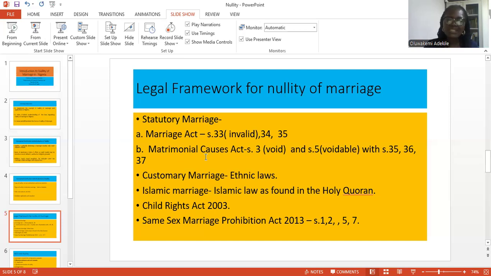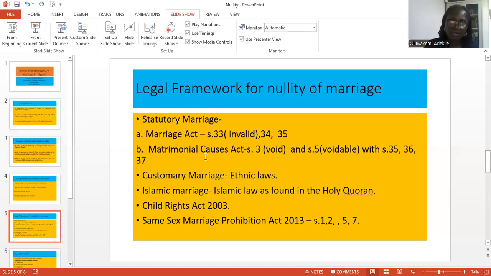So when you do not meet the essential validity of a customary marriage, for instance, parental consent, payment of bride price, formal handing over of the bride, you're saying that that marriage is not really valid in the eye of the law. So we'll look at that.